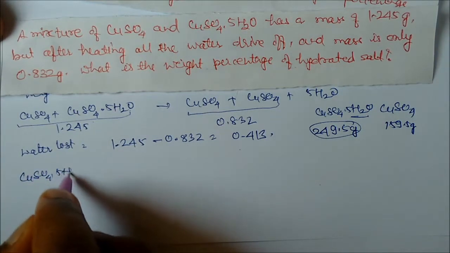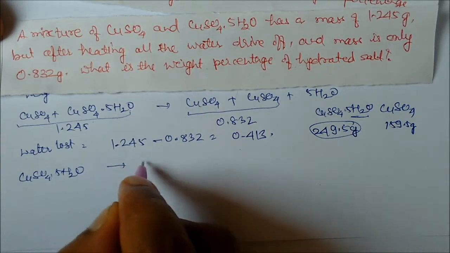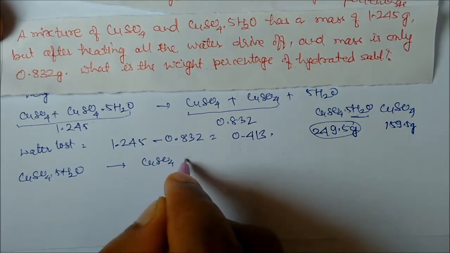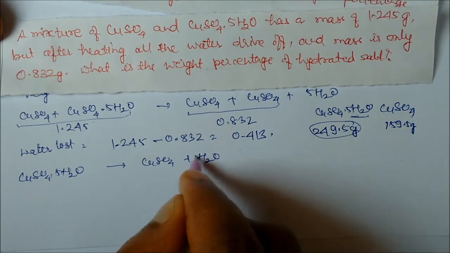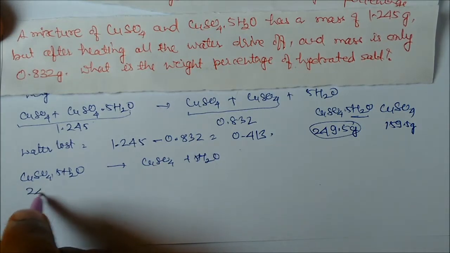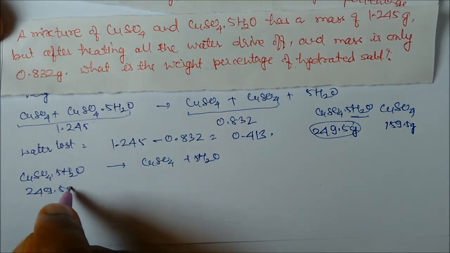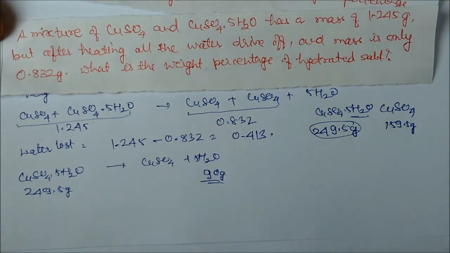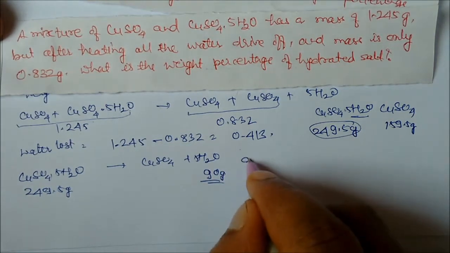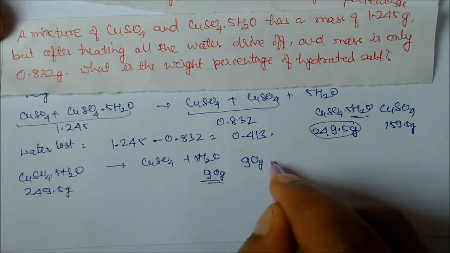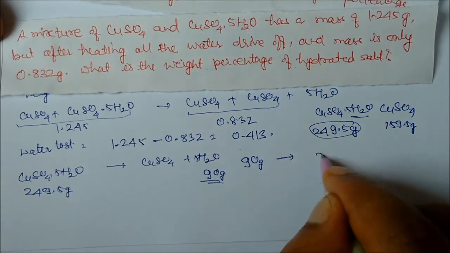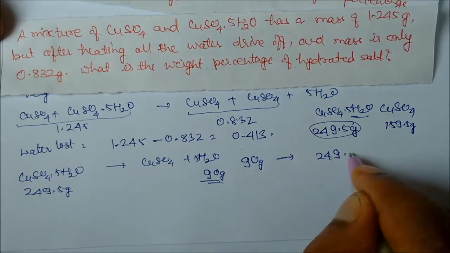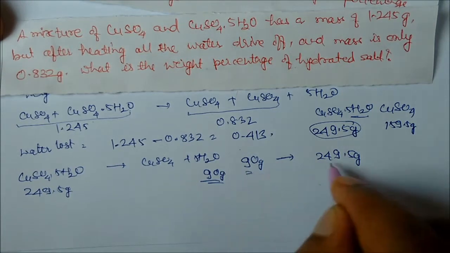So we can say copper sulfate 5H2O, after losing water, becomes copper sulfate plus 5H2O. So 90 gram of water is lost from 249.5 gram. Okay, 90 gram water lost.